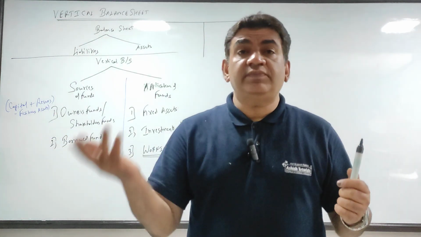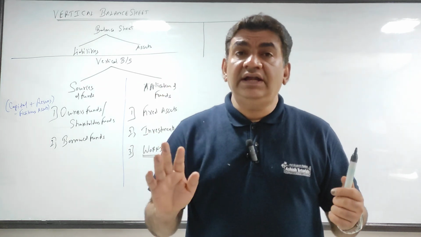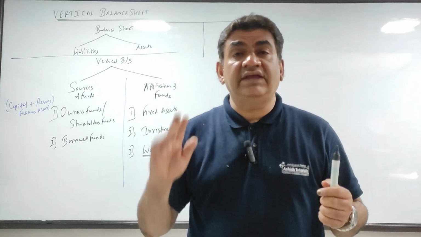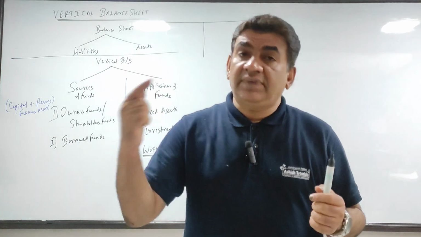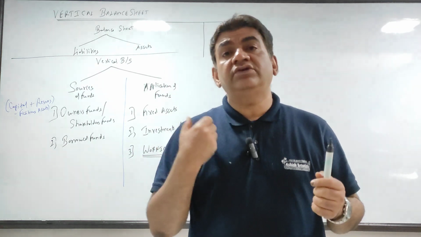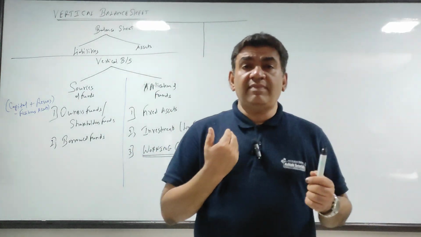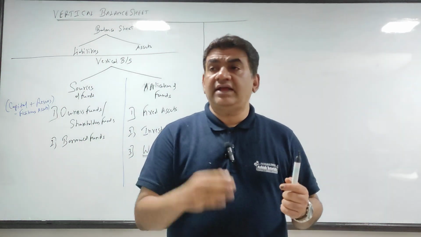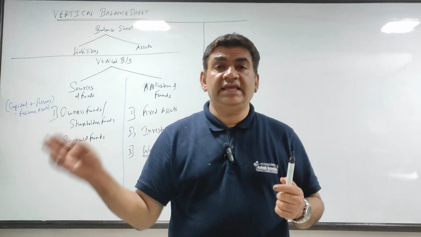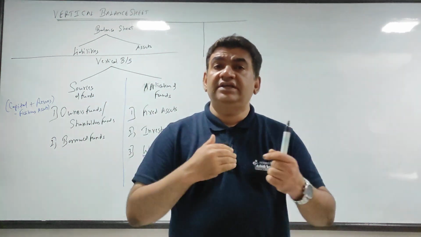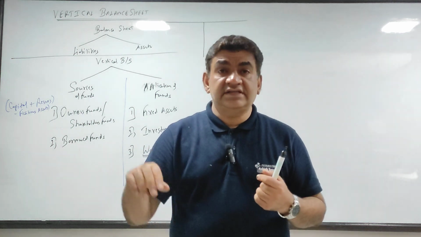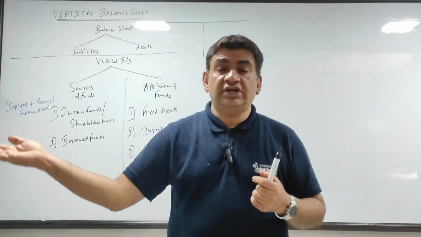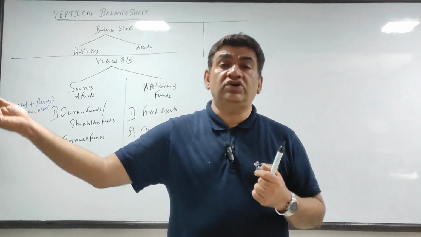The amount changes on a regular basis. Now if I buy a building, the amount remains the same unless and until you depreciate. But it will not change every day. But today I bought goods for selling. Today I buy, sell, the amount keeps changing. Cash and bank: today money came, in the afternoon I paid, tomorrow it came again, I paid again. Keeps on changing. Debtors: money came, I sell goods on credit, money came again, I sell goods on credit.